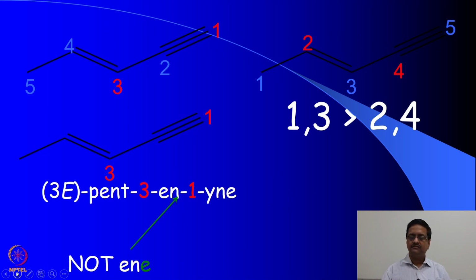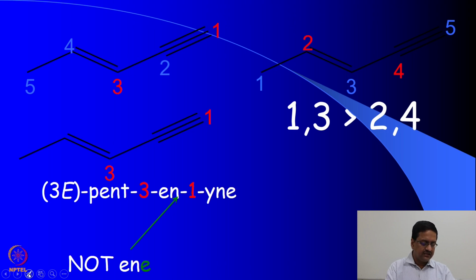Now, you see here in these examples, we have a situation where we can identify a double bond and a triple bond in the molecule, and depending on from which side we try to number, those double bond and triple bond get different numbering.